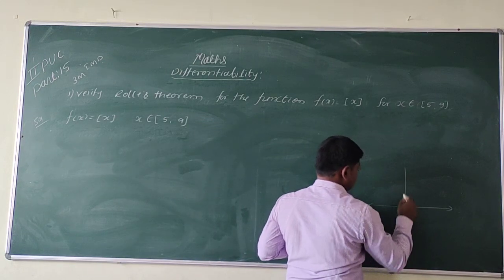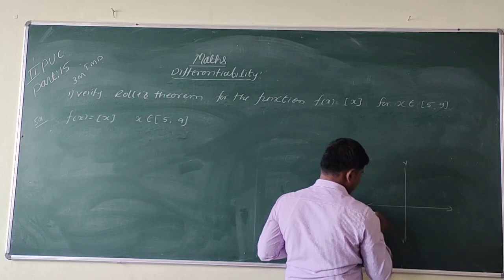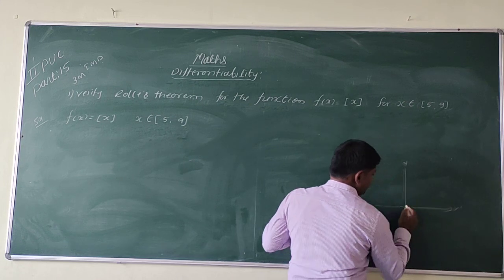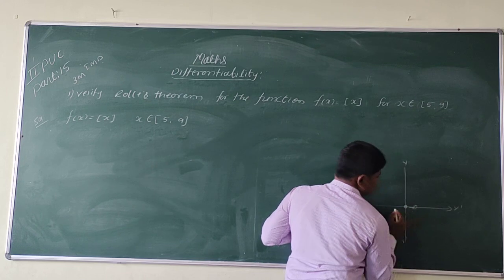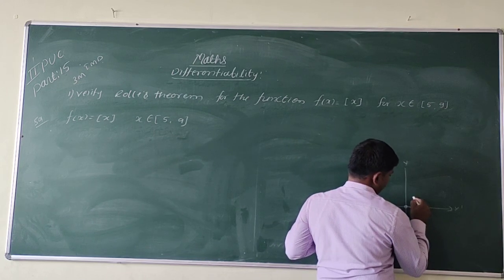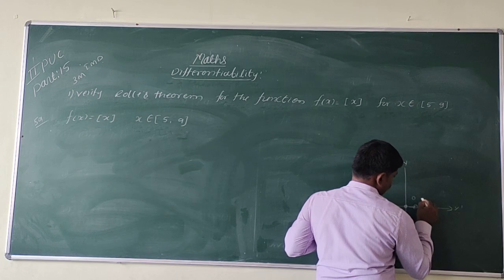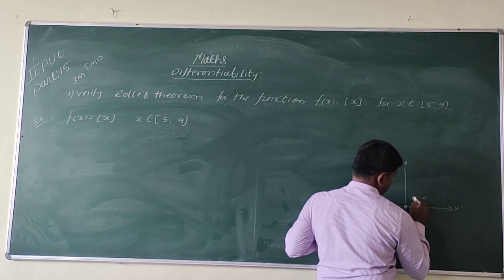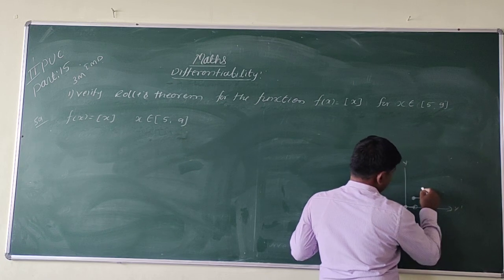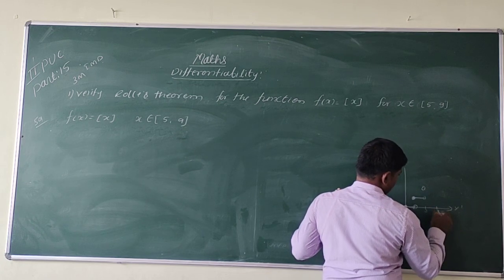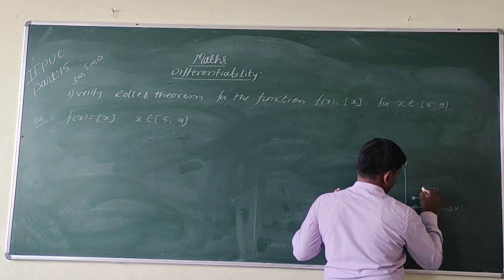This is the y axis and x axis. So this is 0 to 1, this is the function. And this is from 1 to 2, and suppose 2 to 3, like this.